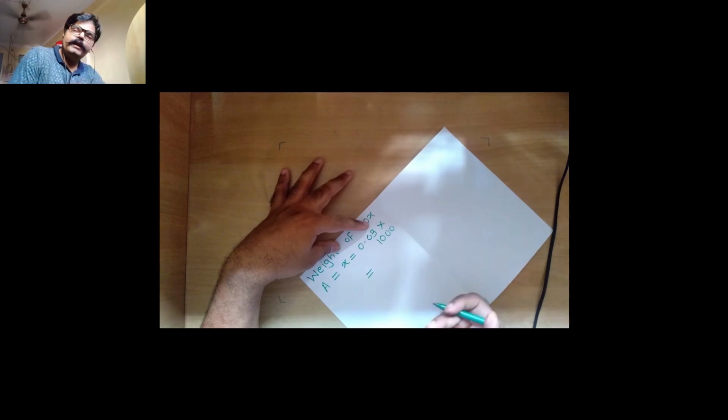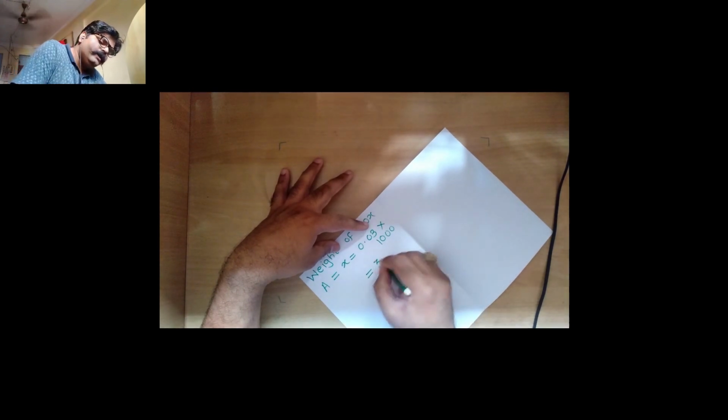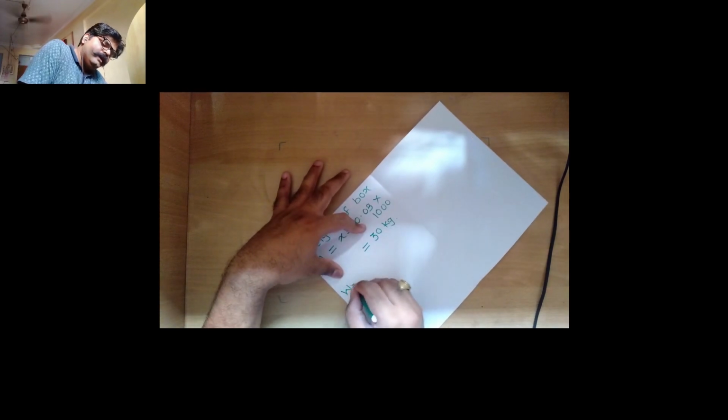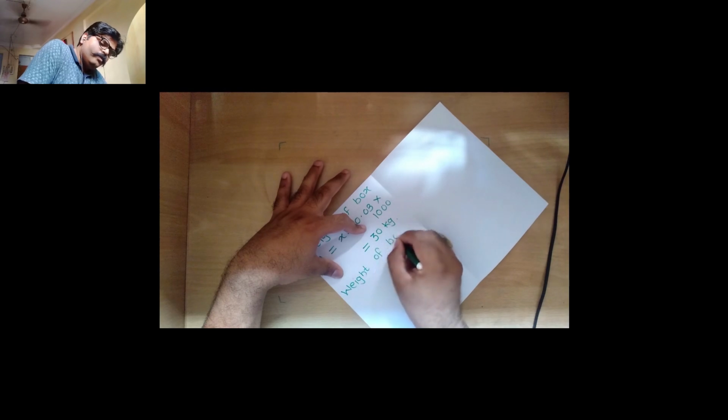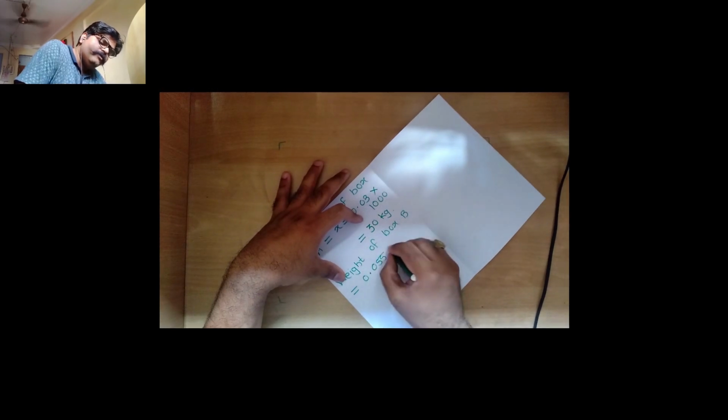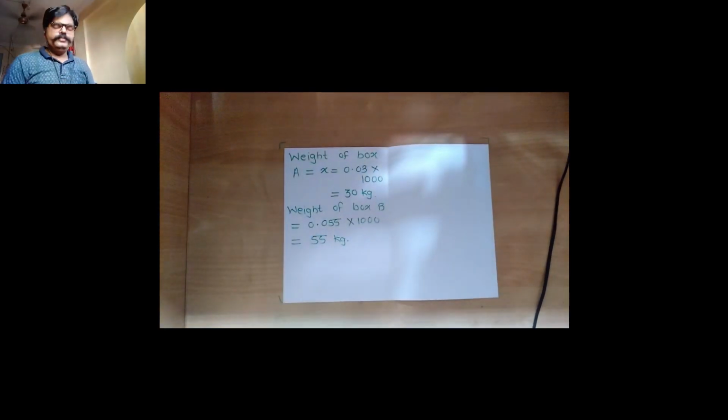Just to convert it into kg. Therefore it will be nothing but 30 kg. Similarly, the weight of box B is going to be equal to 0.055 multiplied by 1000, which is equal to 55 kg. These are the final answers.